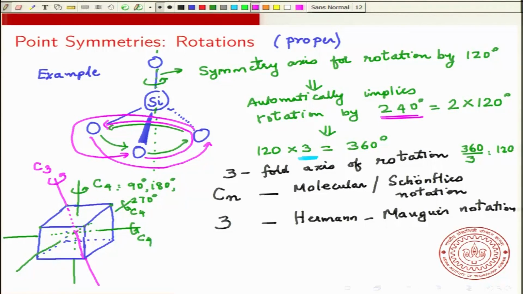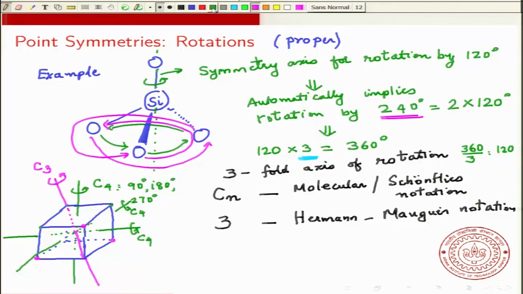So if you do this rotation, then these 3 points will go into each other. So if you rotate by 120 degrees, this point will go here, this point will go here, and this point will go here. And similarly these 3 points will also get permuted.